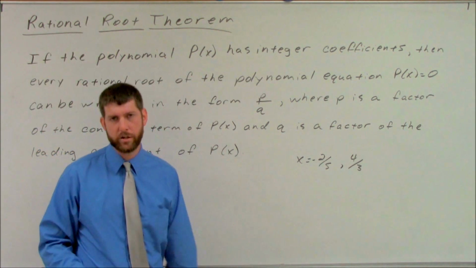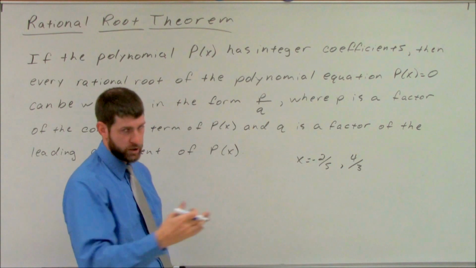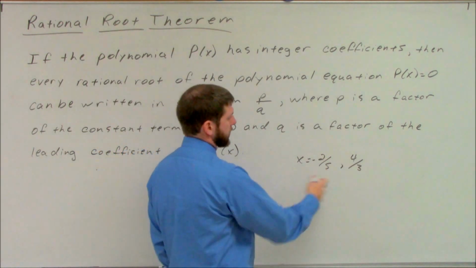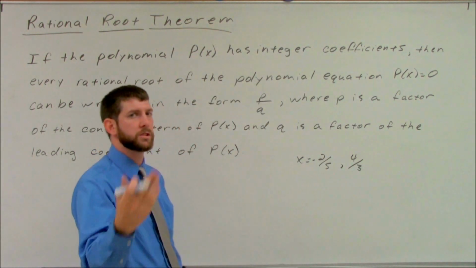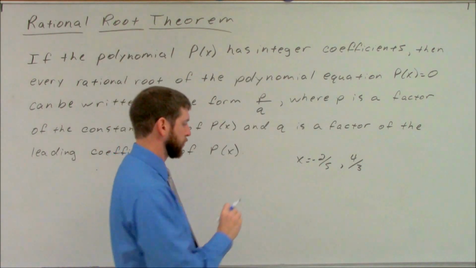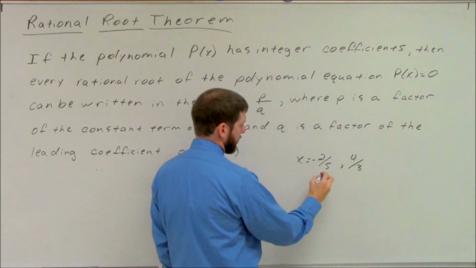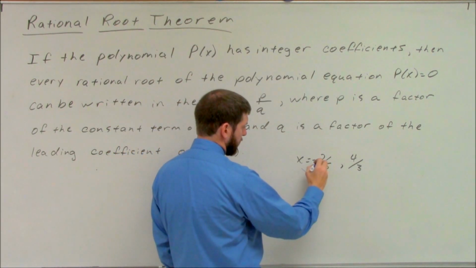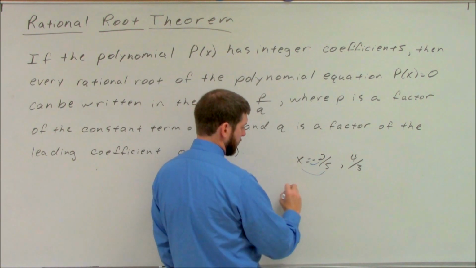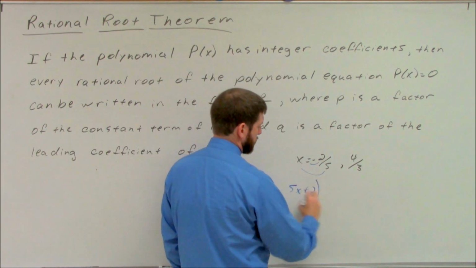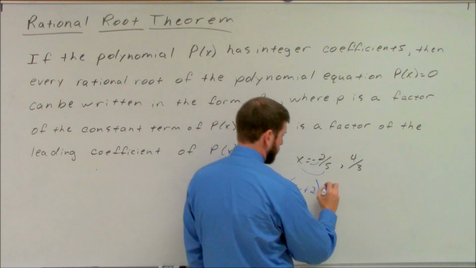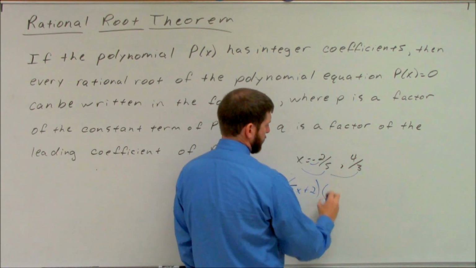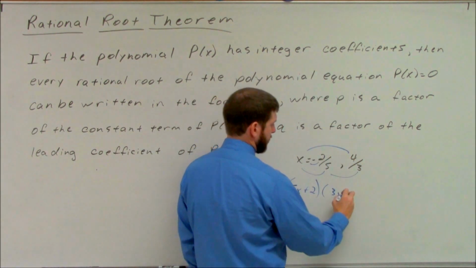Well, let's say that we have these two roots given to us. If I've got these two roots, we can work our way backwards to determine what the polynomial looked like originally. So we know that if I move my 5 over and then move my 2 over, I'm going to get 5x plus 2. That was one linear factor. And I'm going to get 3x minus 4.